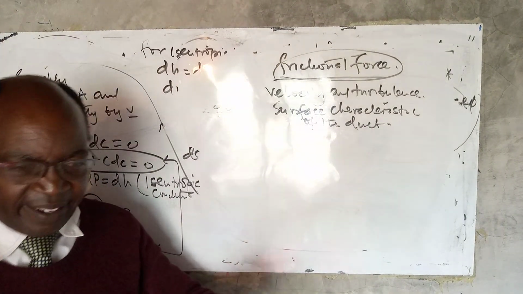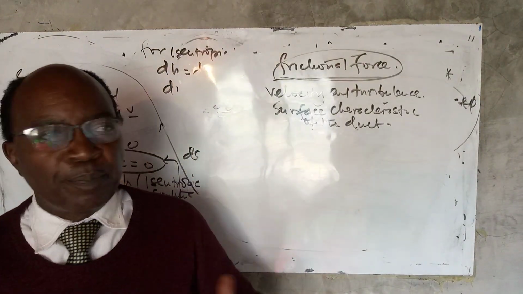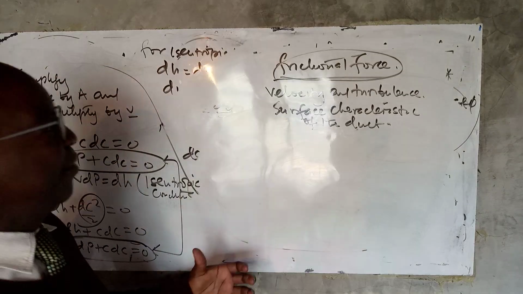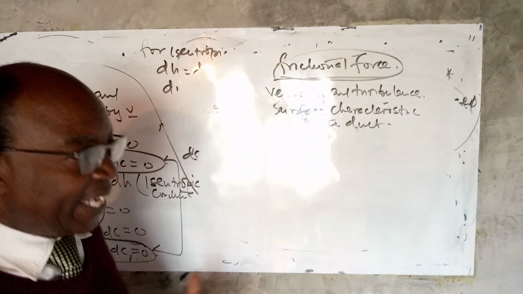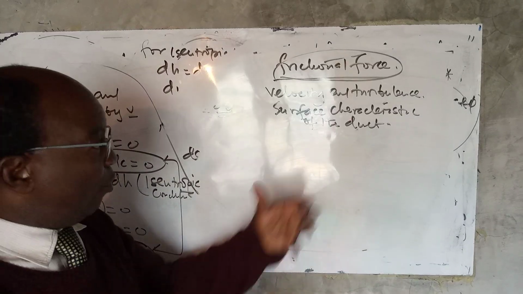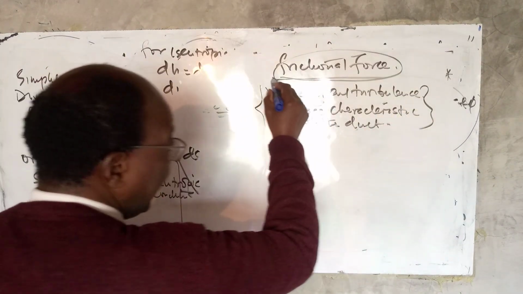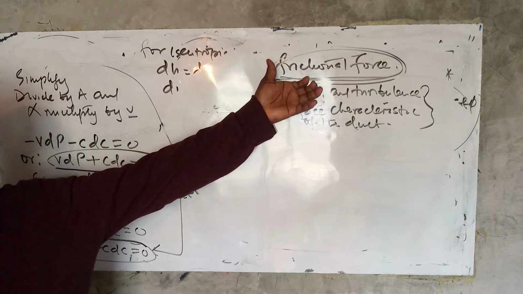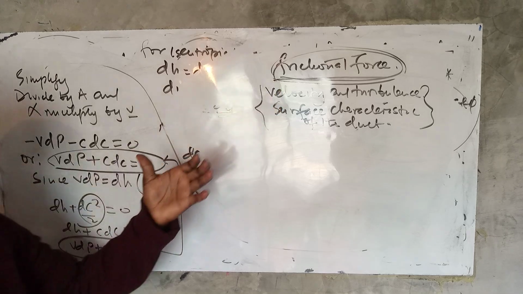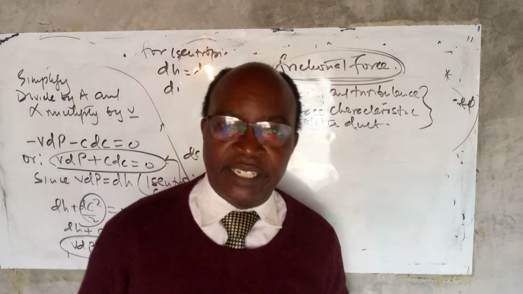And so it means that this becomes a very complex situation, especially if the frictional force varies with all these particular aspects of the duct. So you have to be able to empirically determine this quantity as a function of these aspects of the duct.